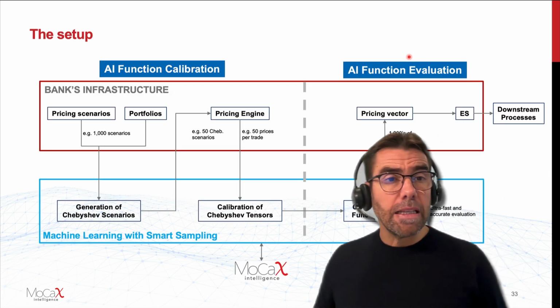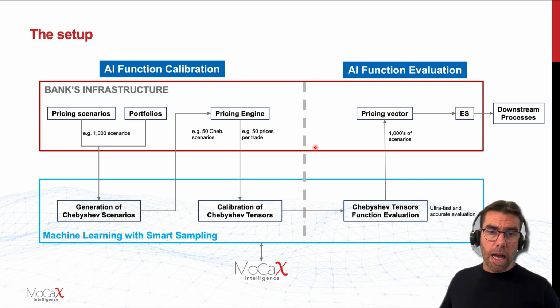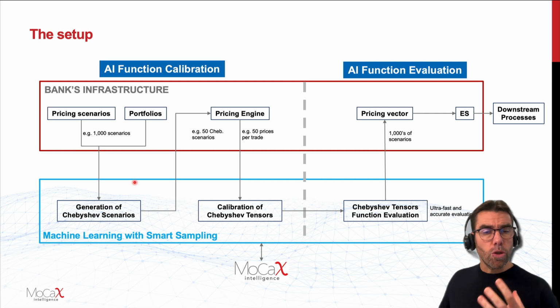So finally, if you want to implement this, usually the way I suggest it is implemented is that, if the red box illustrates a bank's infrastructure, you need to build the following setup. We have a pricing engine, a number of pricing scenarios, the scenarios for the FRTB calculation, and the portfolio. We pass this to what I call the smart sampling machine learning box.